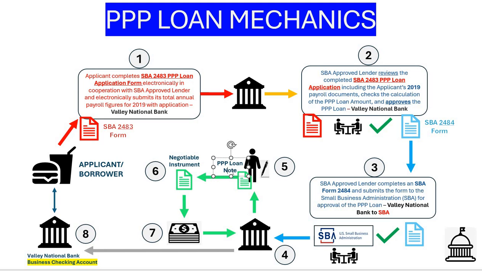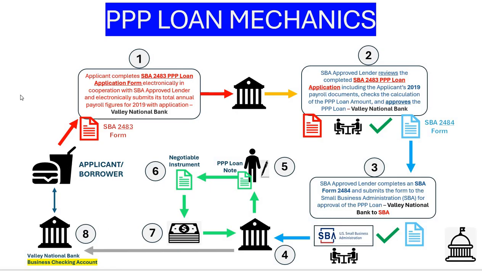Banks operated in cooperation with the SBA through what's called the E-Trans system, standing for Electronic Transmission System. The SBA and banks communicated through the E-Trans system. When these PPP loan notes were created, an SBA PPP loan number was generated by the bank and submitted to the SBA. That's how an SBA PPP loan number was assigned through the E-Trans system.